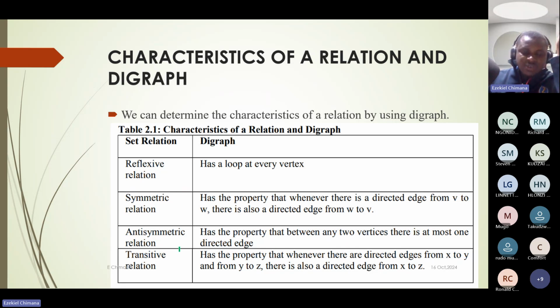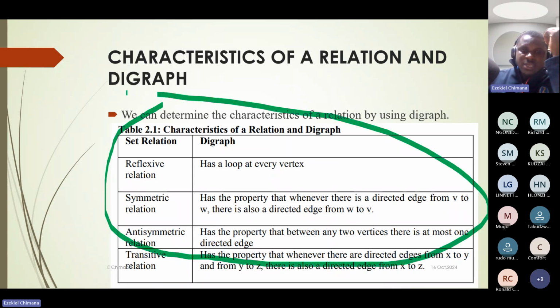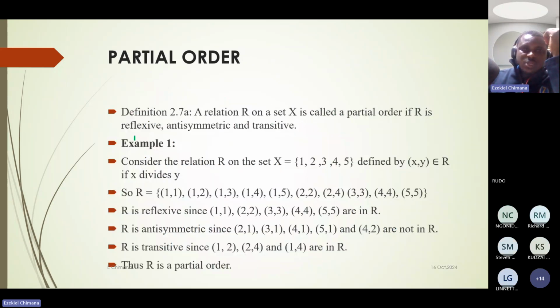A transitive relation has the property that whenever there are directed edges from X to Y and from Y to Z, there must also be a directed edge from X to Z. This is what you need to hunt for when you're answering that question.